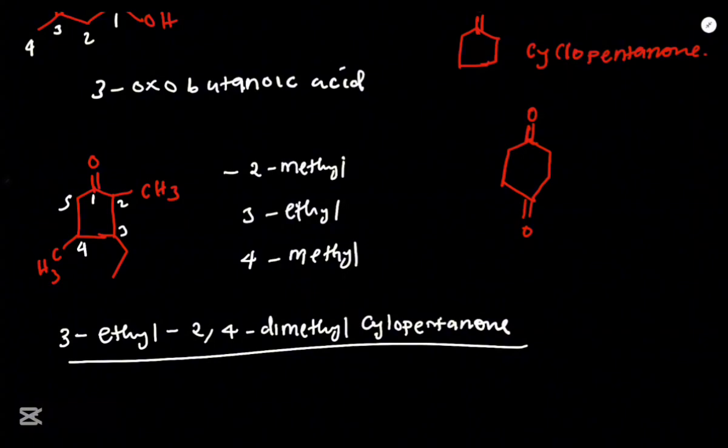So this molecule is called 1,4 because the positions here are 1, 2, 3, 4. So it's 1,4. It's 1,4-cyclo because it's cyclic. Cyclohexane.